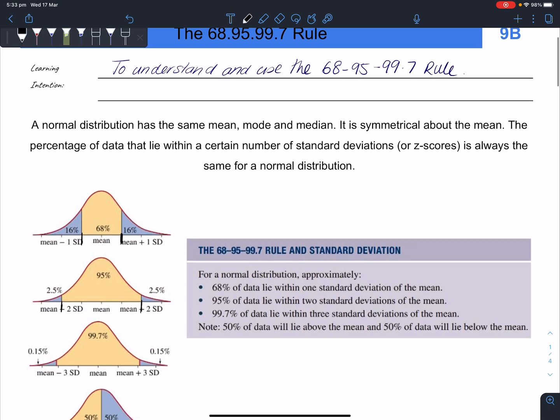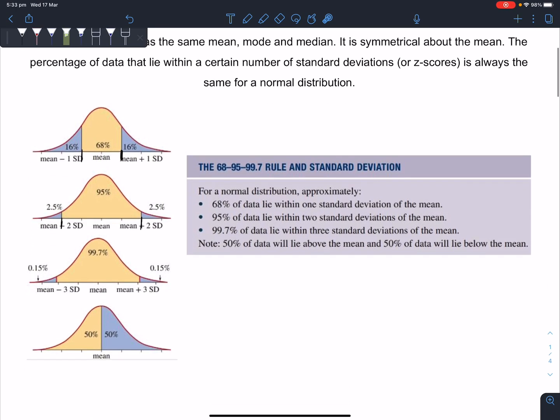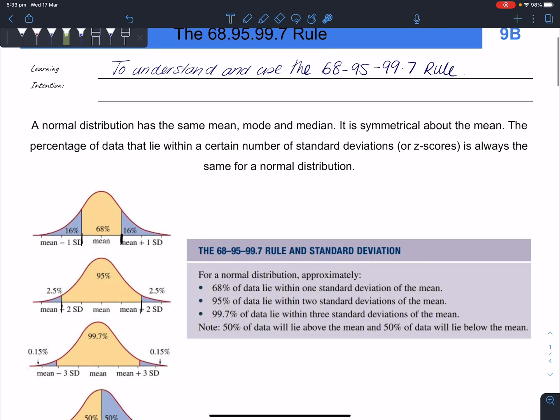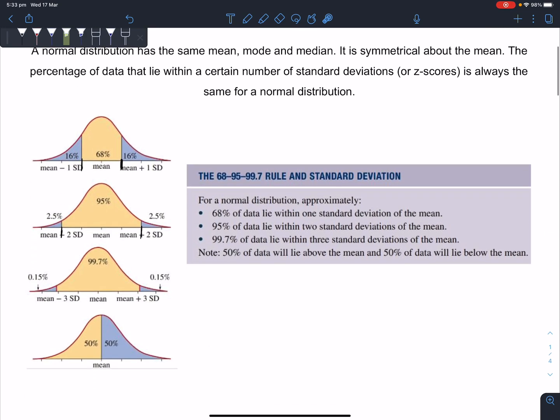We spoke last lesson about how normally distributed data, when graphed, will give us a bit of a bell curve. It's symmetrical, with the highest point in the middle. The significant percentages we just mentioned, 68%, 95%, and 99.7%, represent the different parts of that bell curve.